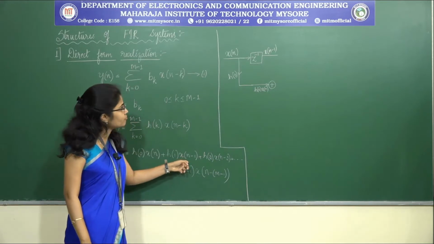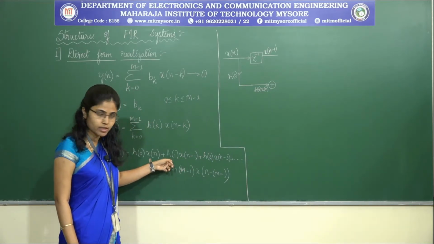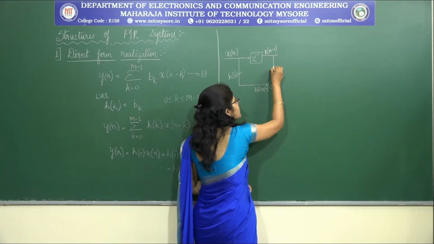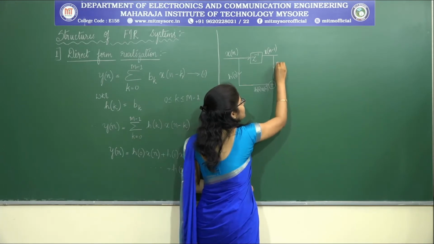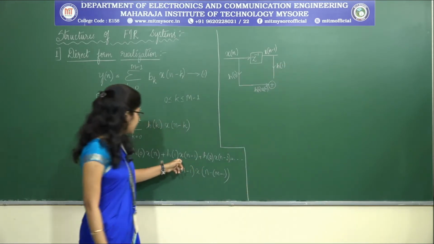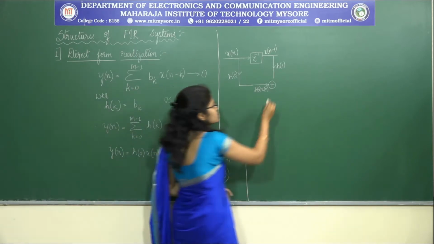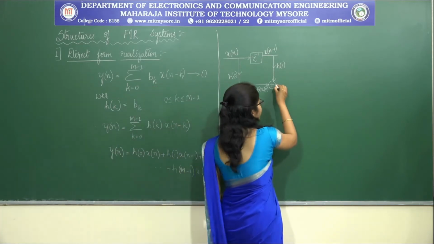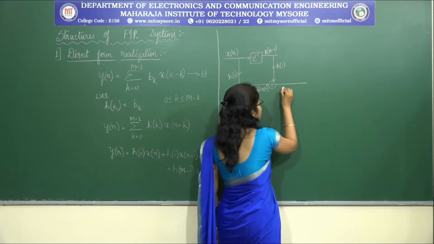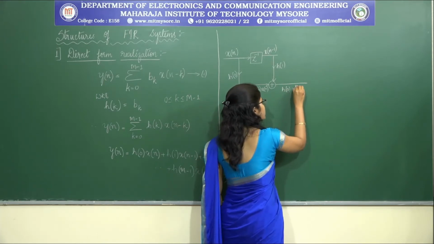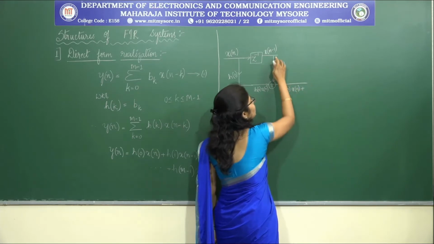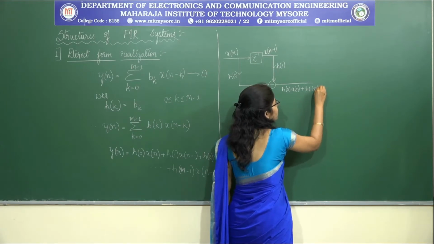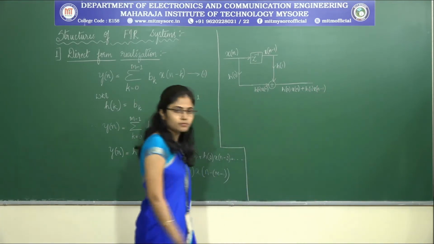Now x of n minus 1 should be multiplied with h of 1, and that should also be given to an adder. Yes. So here is our adder, I am connecting it. Now what is the output of the summing point? The output is h of 0 into x of n plus, what is the signal coming here? It is h of 1 into x of n minus 1, correct?